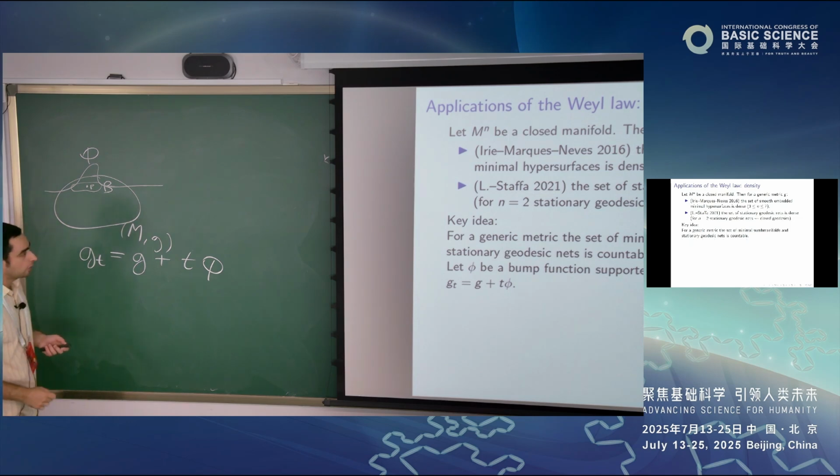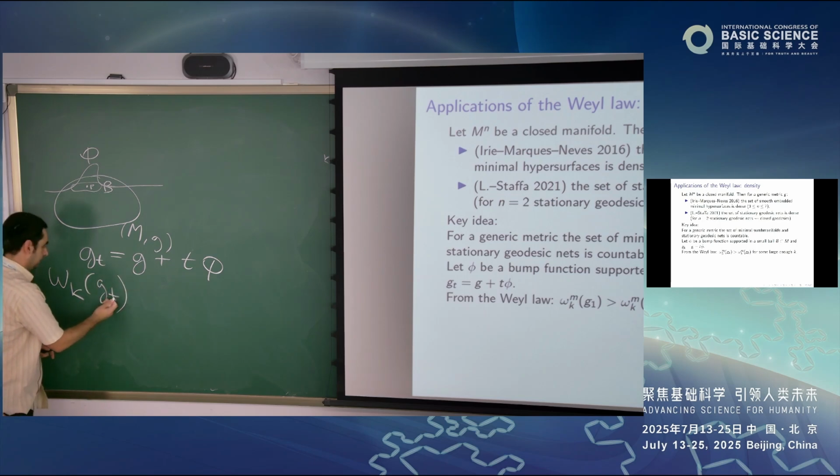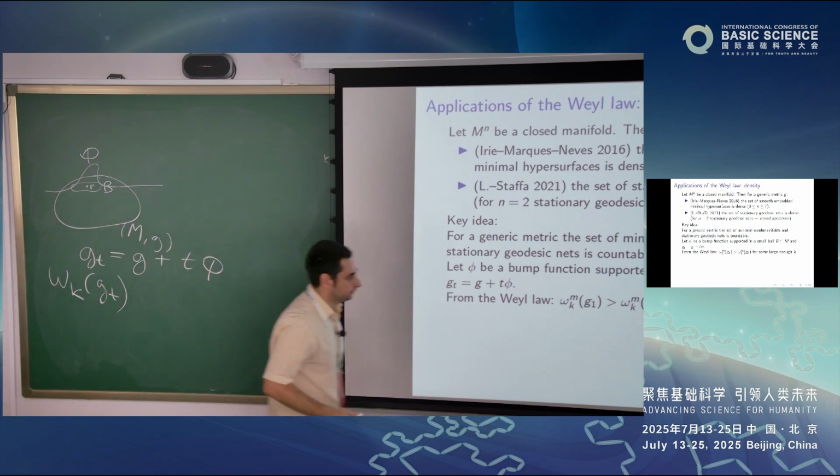So if you now look at the map, the kth width of g_t, right? So what does this map do?